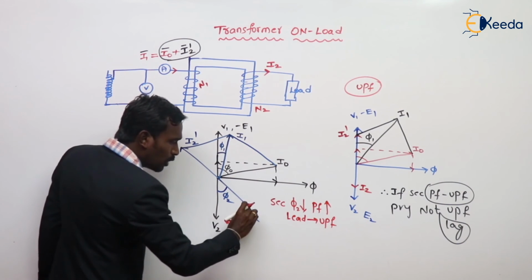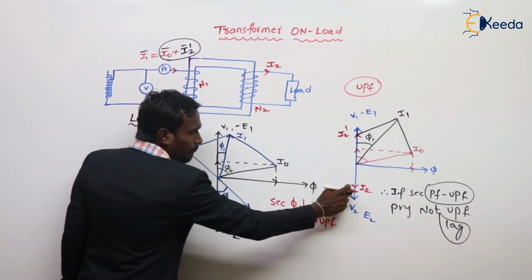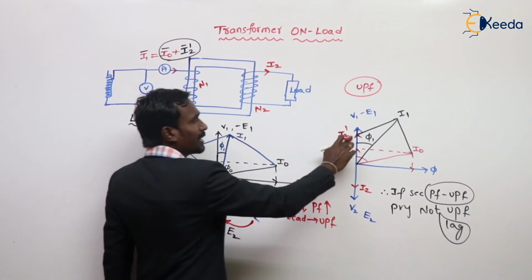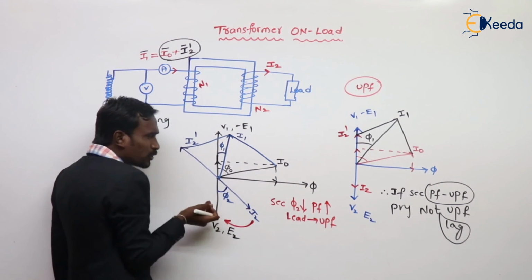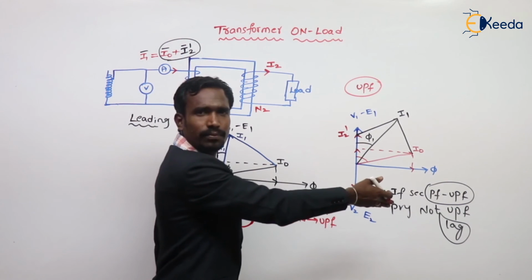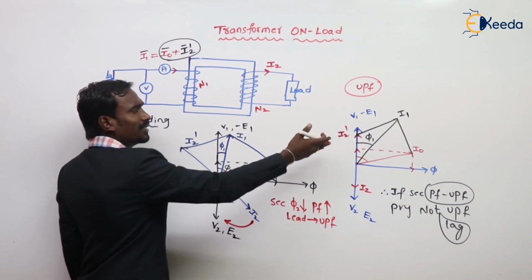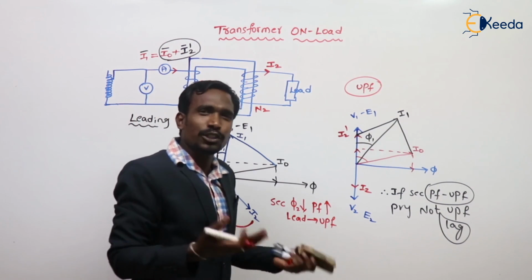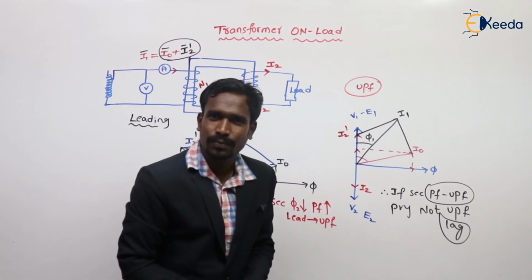When it comes from leading to unity power factor, this I2 is here and then I2 dash is here. Then again the same vector diagram for unity power factor. Leading to unity, lagging to unity, wherever you go, you are going to unity. This is my unity power factor.